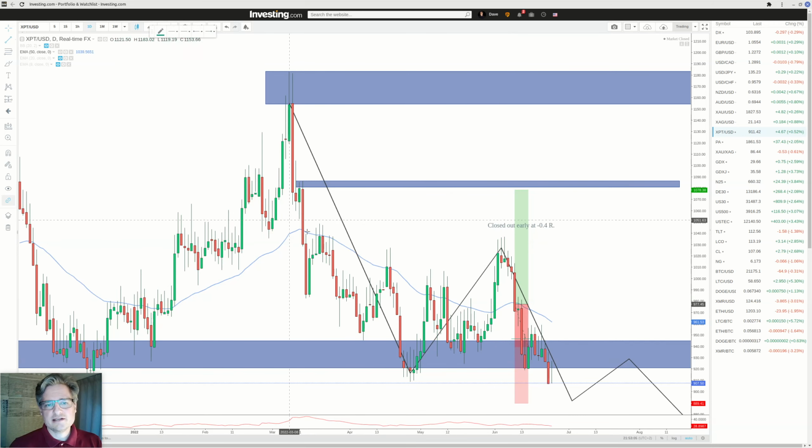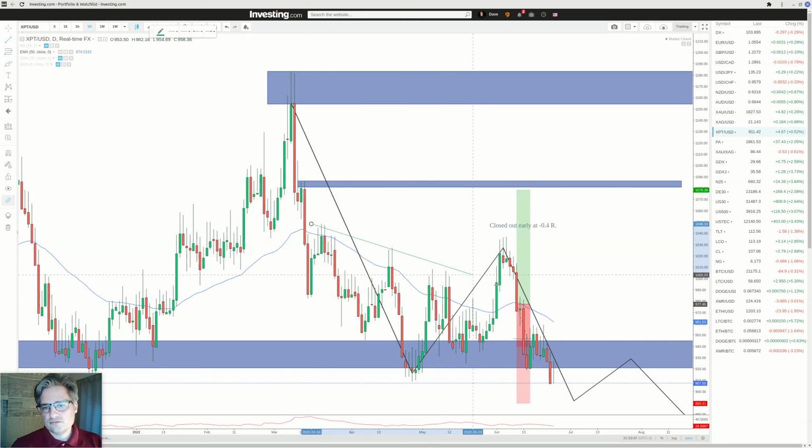So there's this neckline here. If you look at the head and shoulders pattern, maybe let me draw it out for you. So we have something like this. Prices are moving like this.